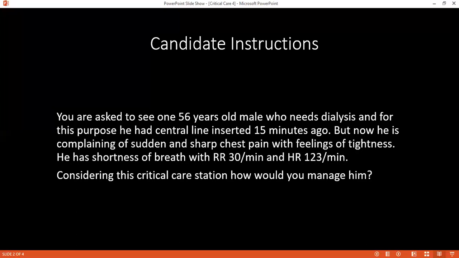Considering it a critical care scenario, how would you manage this patient?